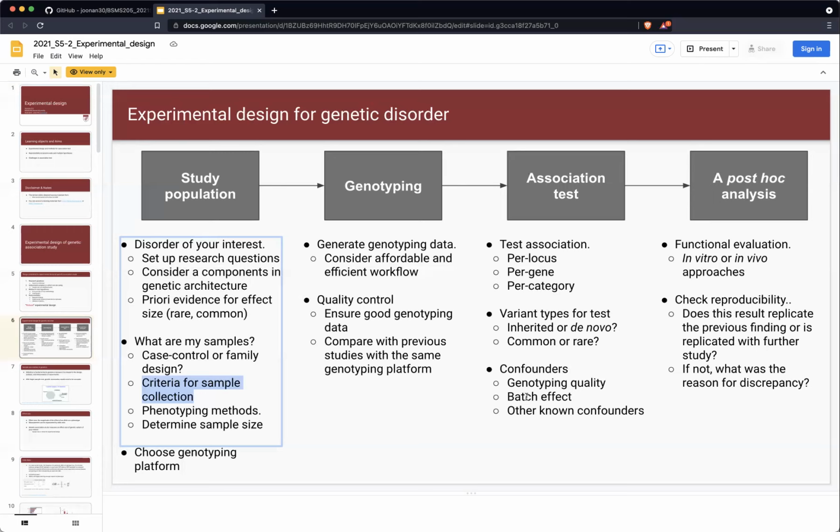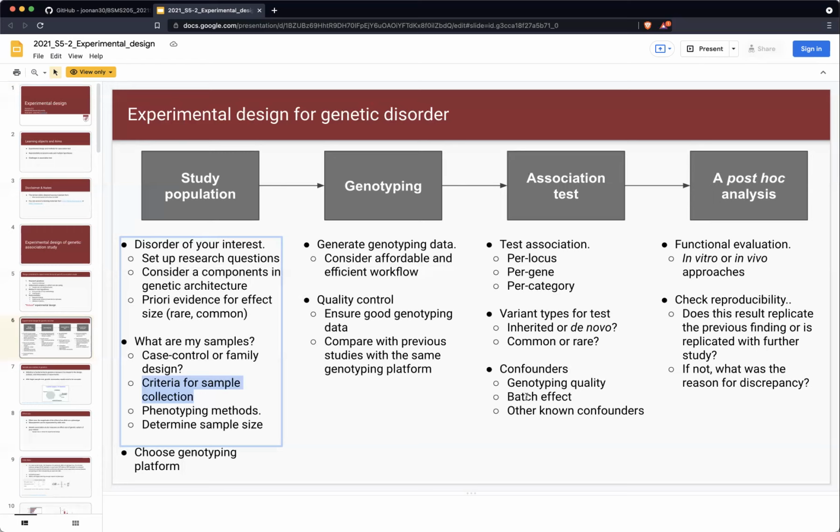And after that, once you find the gene or the variants for a certain trait or disease, then you do experiments after that. So that means the post hoc analysis, right? And those analyses normally contain functional evaluation.